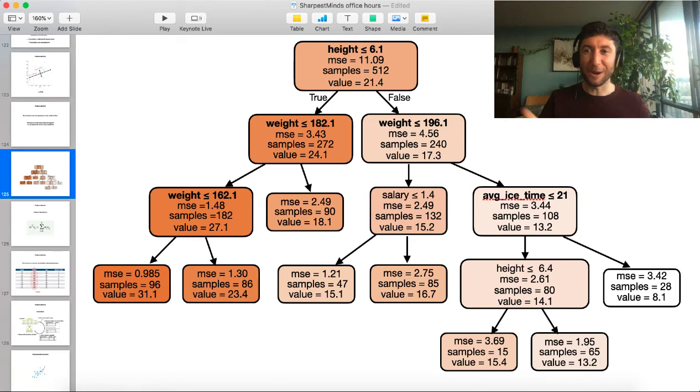So in our example, you'd be asking, is the hockey player shorter than 6 feet? By the time you get all the way to the bottom, it might be, is the hockey player between 6 feet and 6'1", and is their weight between 180 and 181 pounds? And are they getting paid between $2.1 million and $2.4 million a year?